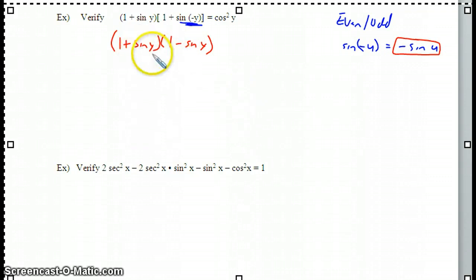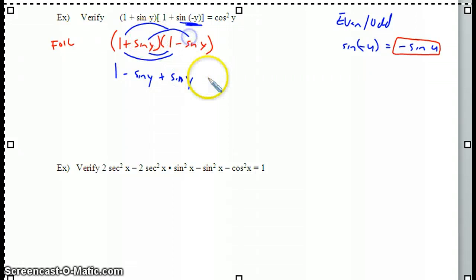Now I have to figure out how this equals cosine squared. Well, if it's asking me to multiply these together, I'm going to do that. So if we FOIL this, we're going to end up with 1 minus the sine of y plus the sine of y, and then minus sine squared y.